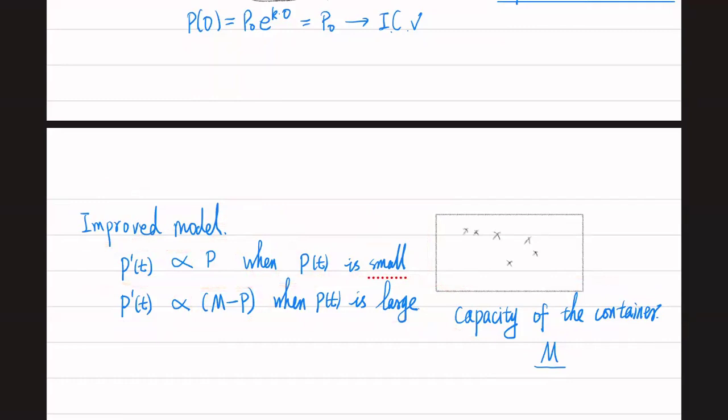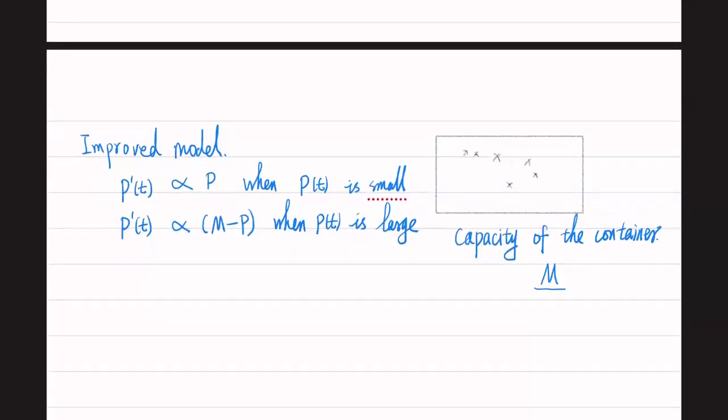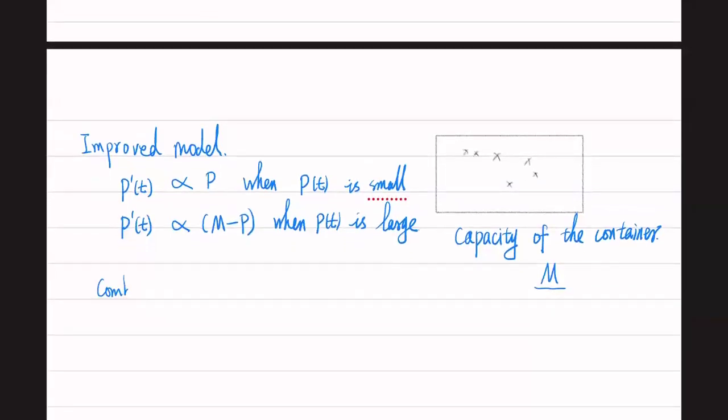Okay, so it's an improved version of what we had before. Now we want to combine the two effects. So the combination is proportional to the product. Again, let's recall what we have mentioned before. All models are wrong, some are useful.